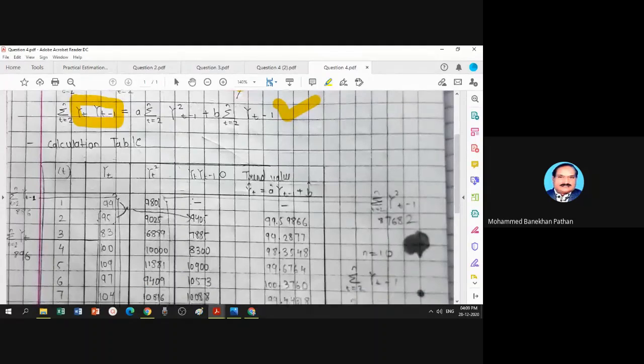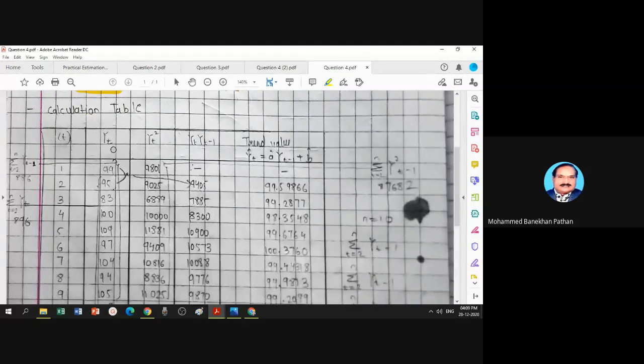Column number 4, yt multiply yt minus 1. If I put t equal to 1, here 1 minus 1 is 0, so I don't have a y0 value. So I don't have an answer for this at first. So make a dash here, make a dash here.